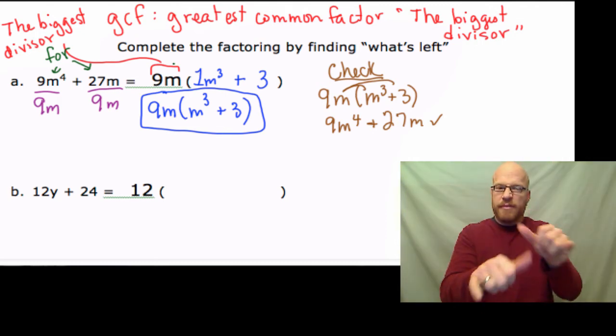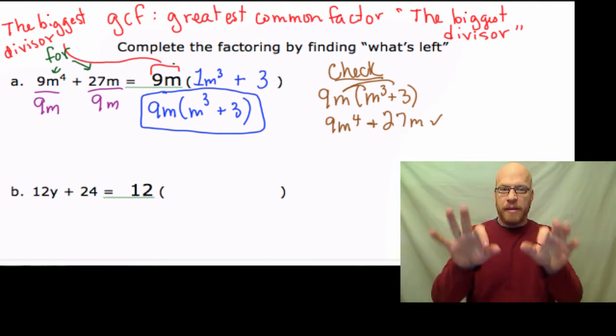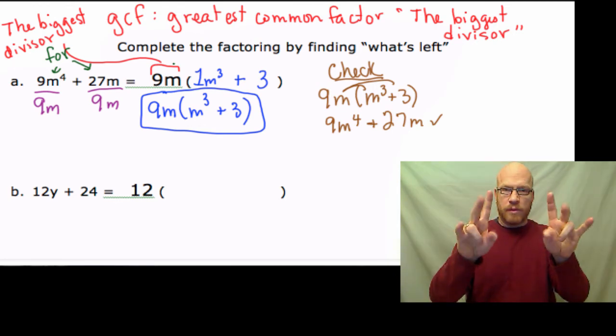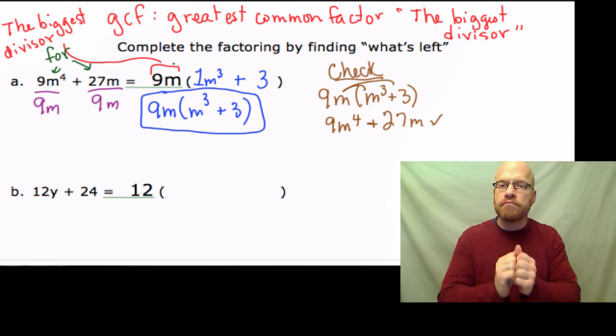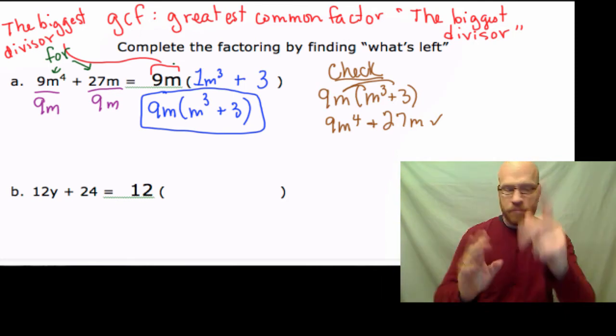As we can see here, this is the original problem again. Both say 9m to the fourth power and 27m.